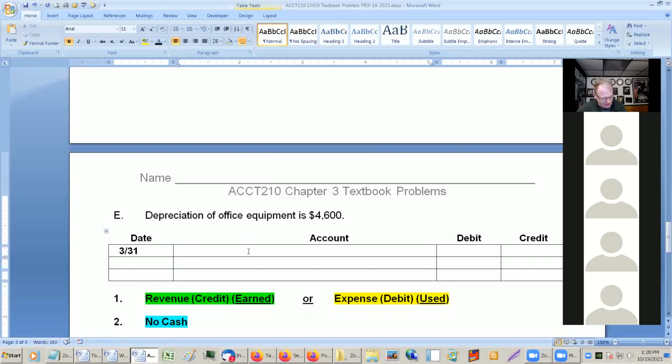Rather morbidly, BEAD: it's debit depreciation expense and credit accumulated depreciation, for 4,600.